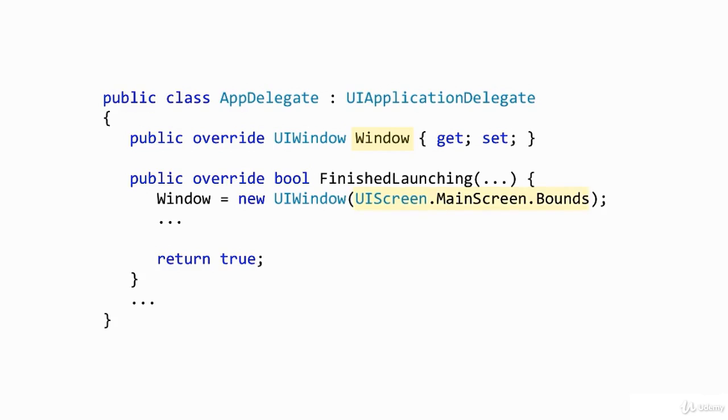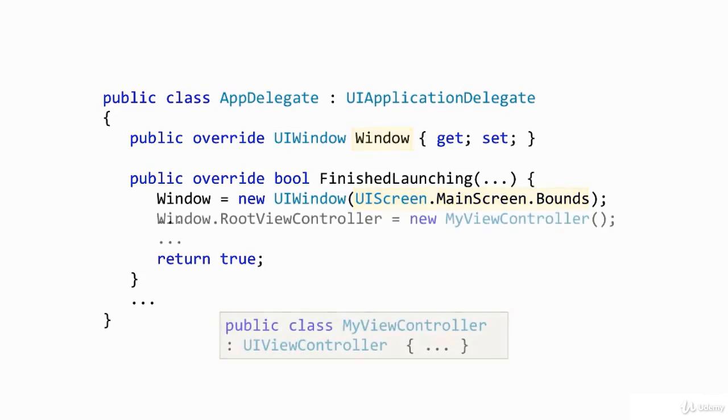And the UIWindow class must be passed the rectangle which it will be able to draw into. Typically, we would want to use the entire device screen, and this is defined by a static property on UIScreen named mainScreen.bounds.